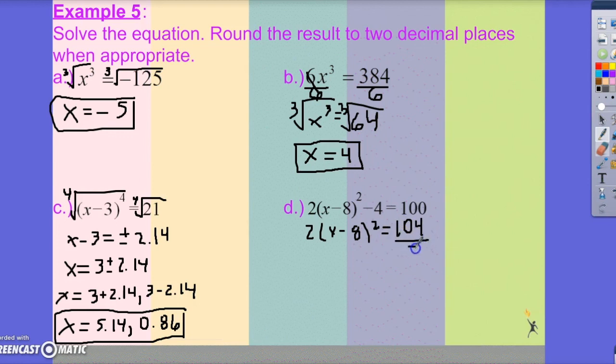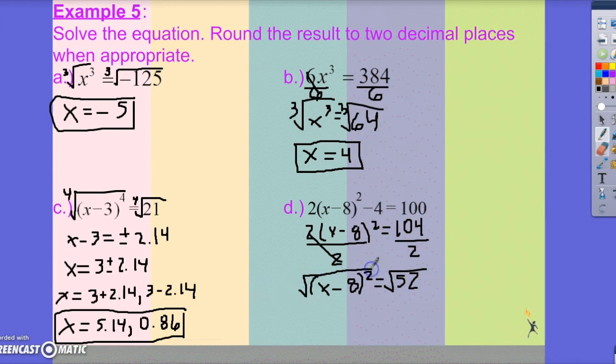So we're going to want to divide both sides by 2. -52. Take the square root to get rid of it.